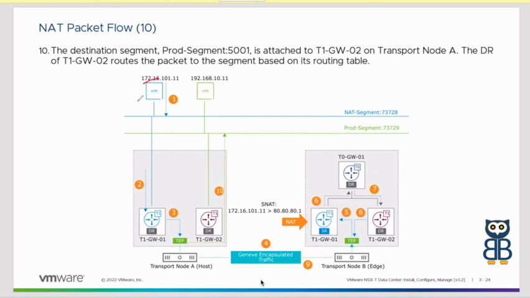If this VM had to talk to this VM and none of the tenants had a T1 SR, how would this packet have moved? Do you think the packet would have to go to the edge node in that case, if there was no T1 service router for any of the tenants?